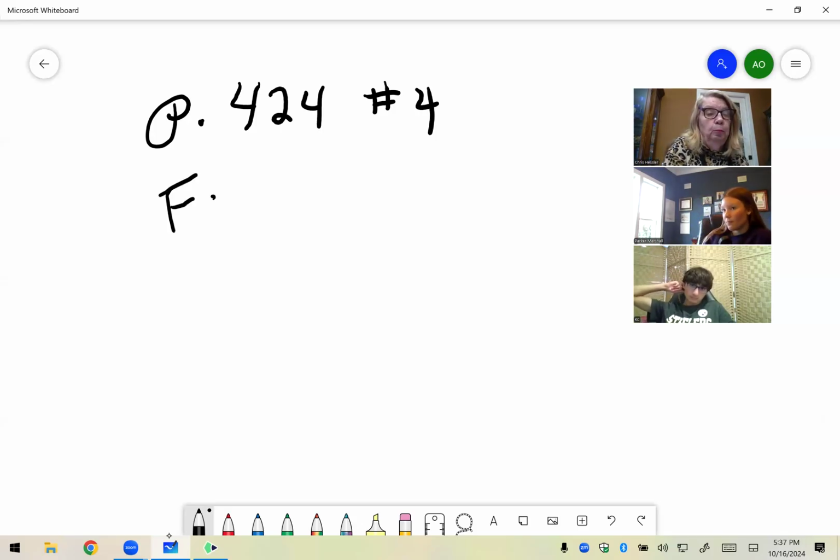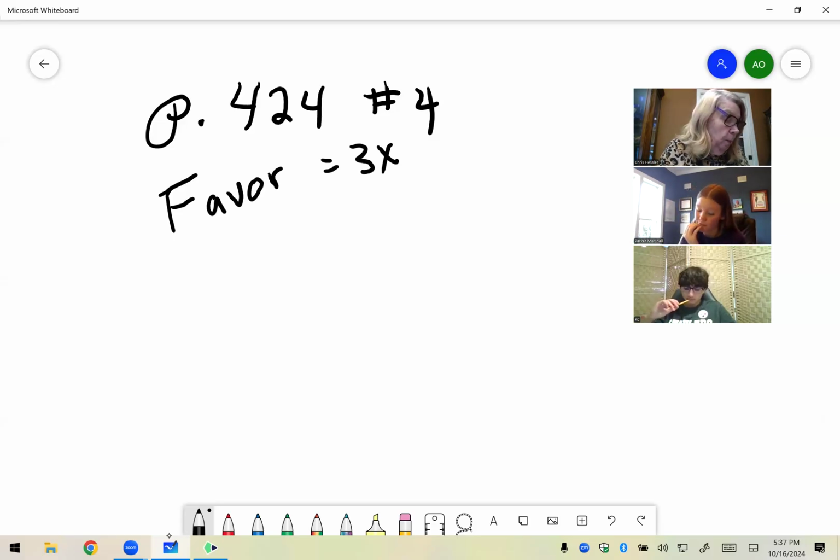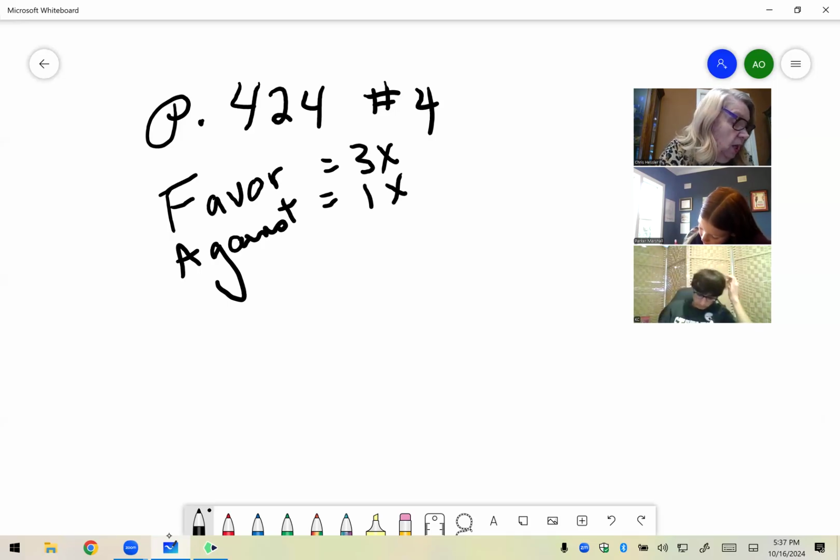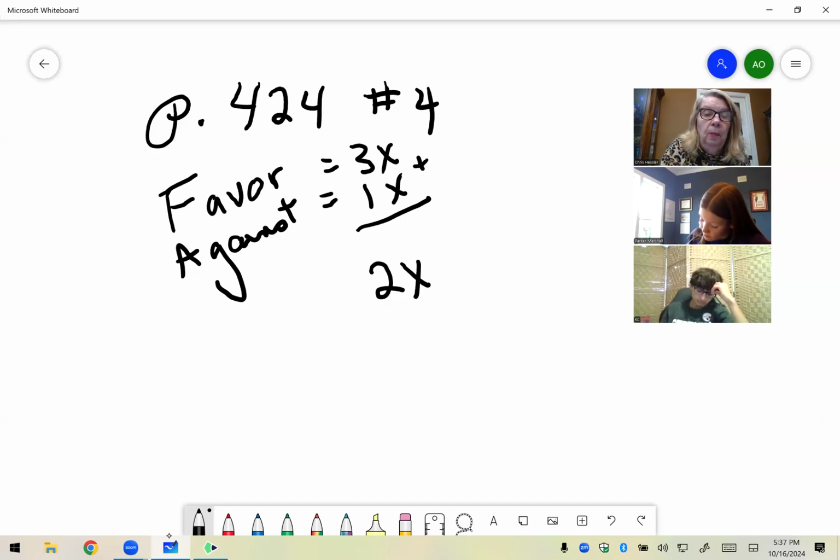So for favor, we would have 3x as people who voted against it. So against, this is a little bit different, would be just 1x. A social media post reported that 15,000 more people voted in favor of the proposal than voted against it. So that means the 2x is going to be how many more people were in favor. And that's 15,000 people.